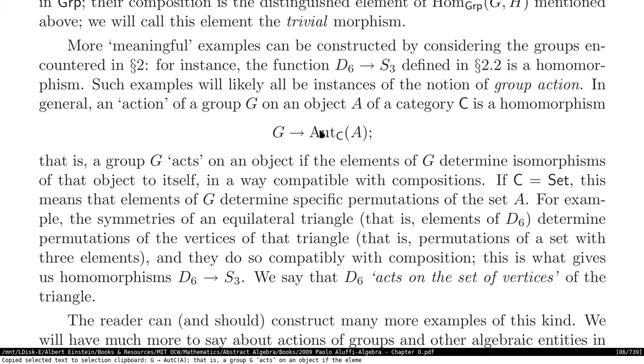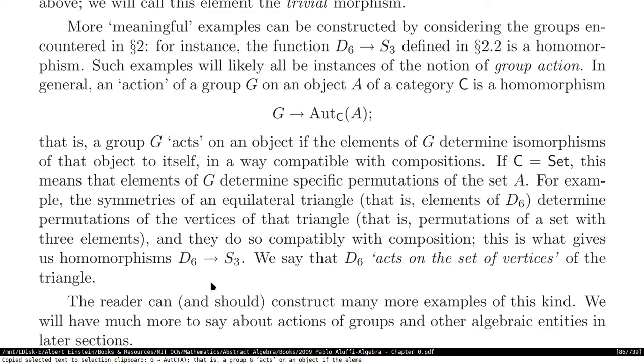And they do that while respecting the composition. So what this gives you is a homomorphism from D6 to S3. D6 is of course the dihedral group, and it gives you the group of, what is that, the group of a hexagon, or yeah.